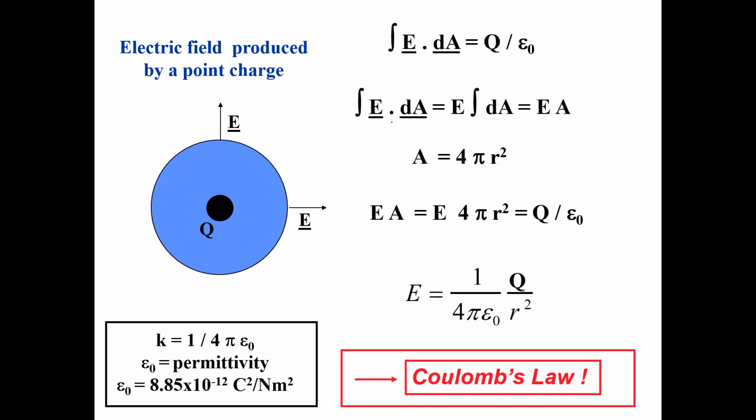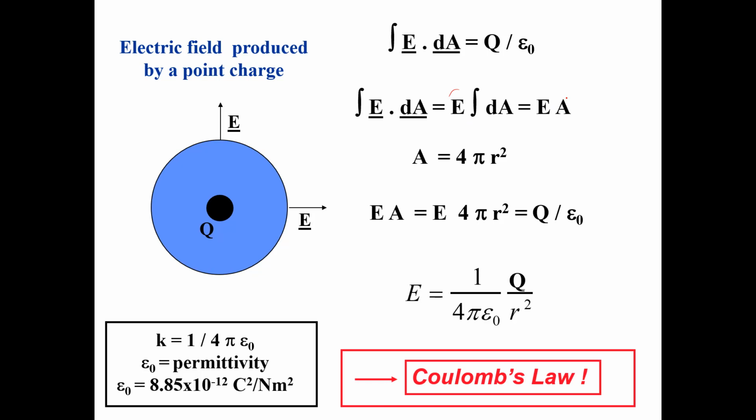So, you have this one. Now, we have taken E out of the integral because E is constant anywhere on the surface. Okay? So, wherever you take a point on the surface, you will get the same value of E. Since, of course, from the center, the distance anywhere on the surface is just equal to the radius. Okay? So, you have this one.